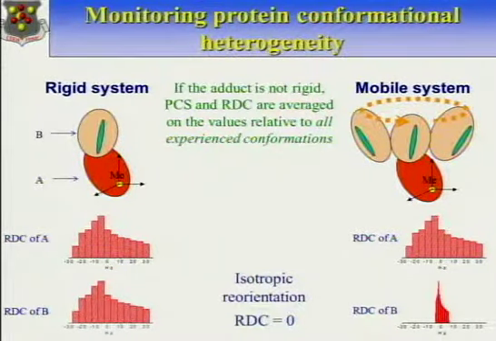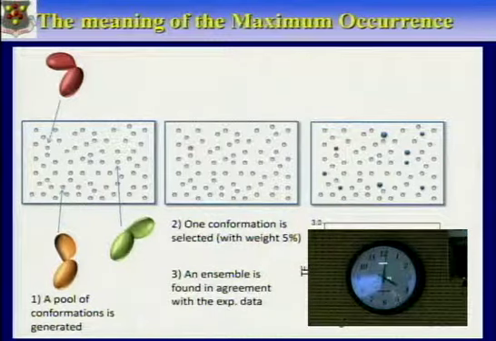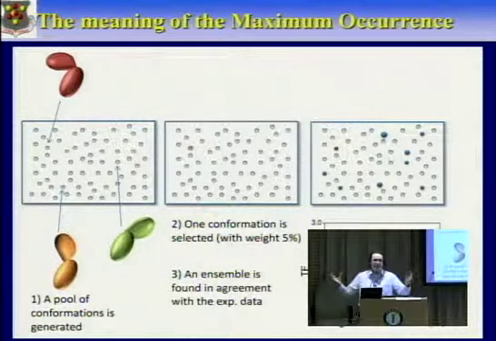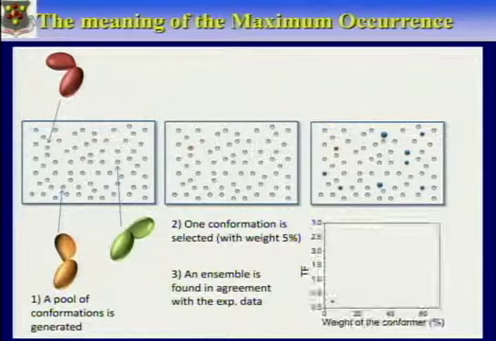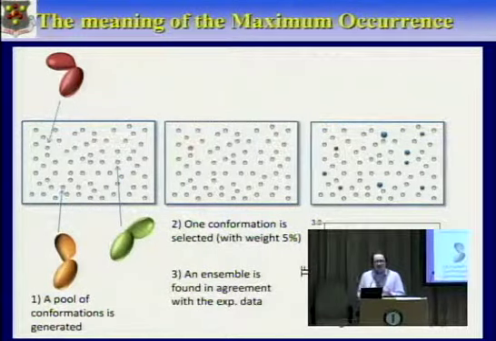The basic idea is that we can use a combination of the pseudocontact shifts and these residual dipolar couplings to build ensembles of conformations that, as an average, satisfy the data. And we only do this as an average because if there's dynamics, by NMR we are measuring the average residual dipolar couplings.